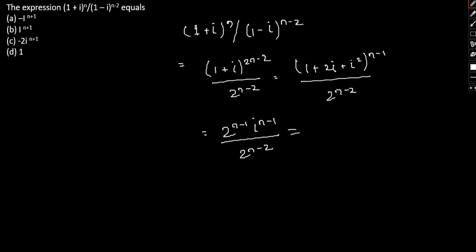So this can be further written as 2 to the power 2 into i to the n minus 1, further written as minus 2 i to the n plus 1. So I hope this is clear. So here option C is our correct answer.